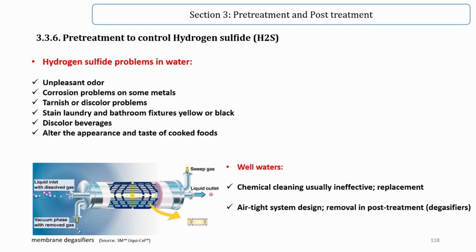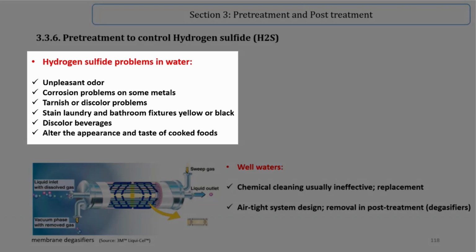Pretreatment to control hydrogen sulfide. If the purpose of treatment is for drinking water, hydrogen sulfide has to be removed. Some of the problems of hydrogen sulfide are unpleasant odor, corrosion problems on some metals, tarnish or discolor problems, stained laundry and bathroom fixtures yellow or black, discolored beverages, and altered appearance and taste of cooked foods.